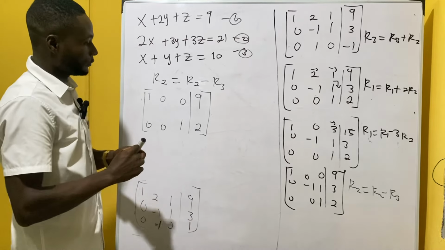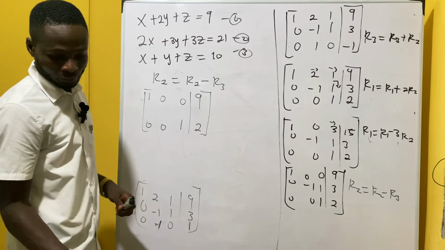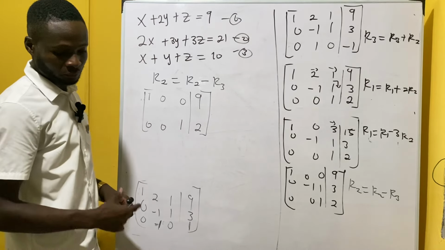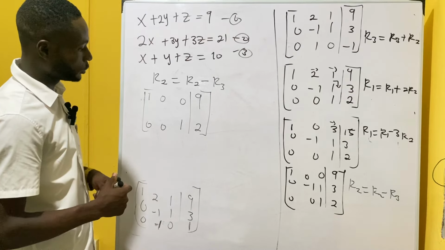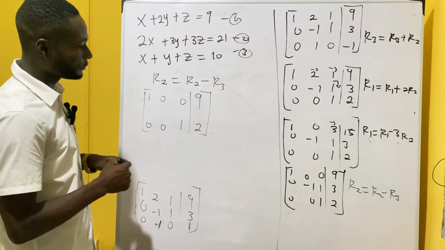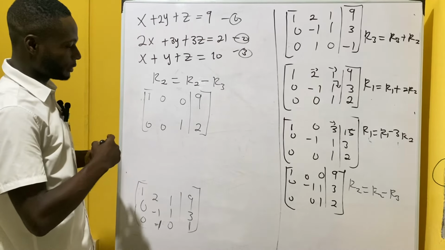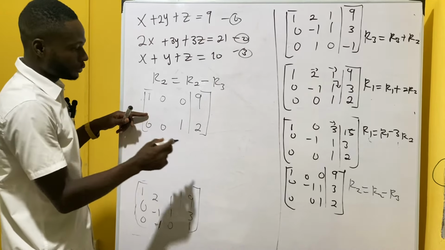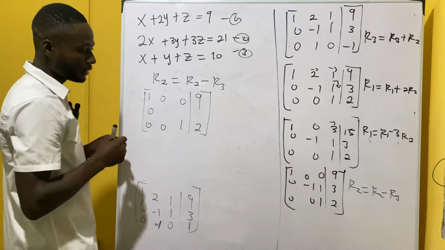So right here, we have row 2 minus row 3. 0 minus 0, we have 0 still, maintaining.